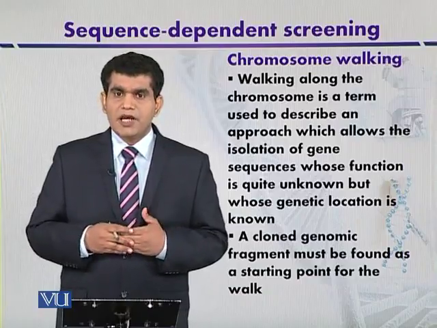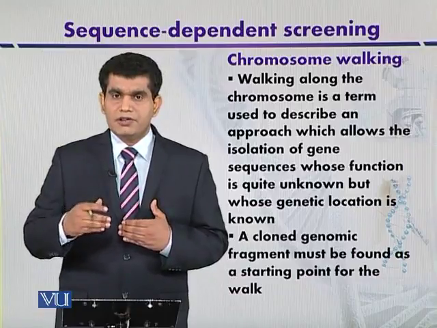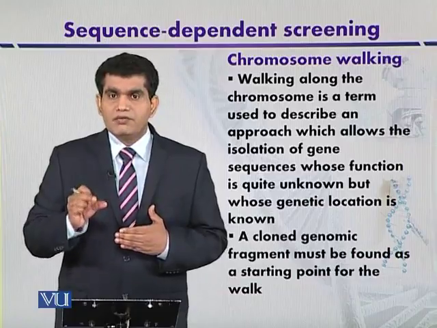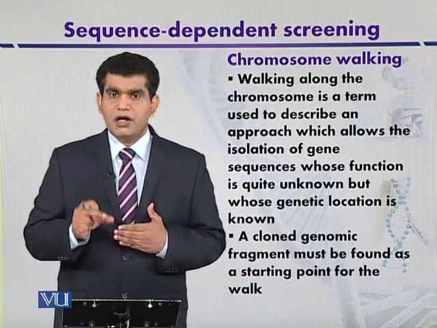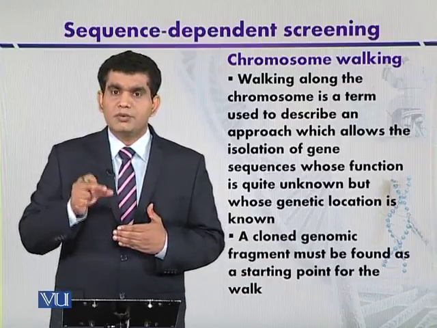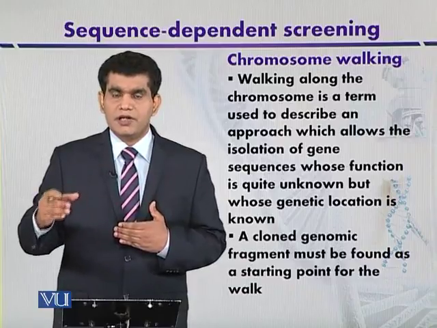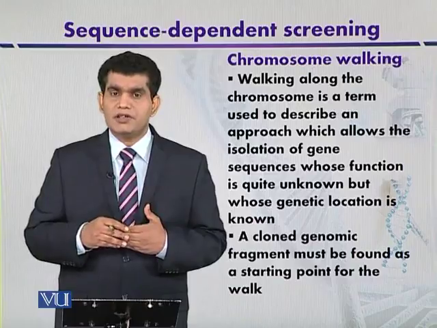So for this purpose, as I told you, we must have random DNA fragments in order to produce a library, and one of the fragments can be used as a starting point, or as a probe, so that the next contiguous DNA fragment will be detected. Why is the next contiguous or neighboring DNA fragment detected?